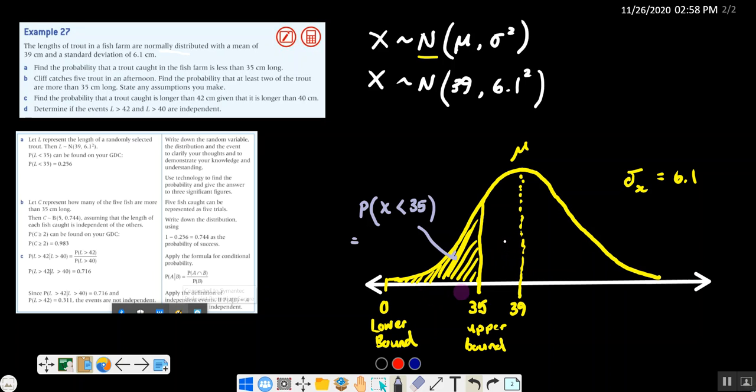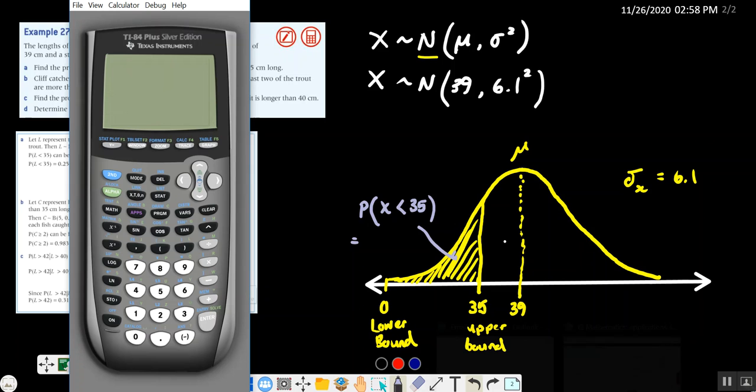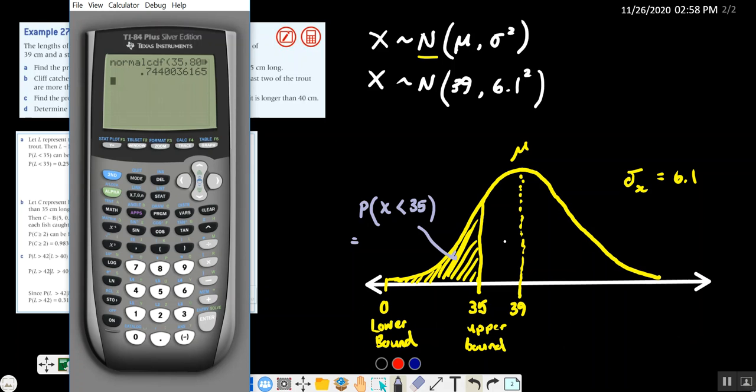So if we work that out, okay, on our calculator, do you remember how we did it? Second distribution, normal CDF, yeah. So my lower will be 0, my upper 35, the mean is 39, I've already got mine in there.